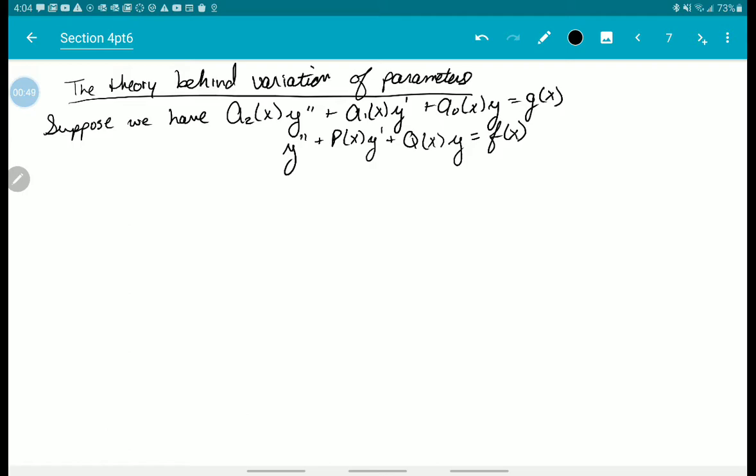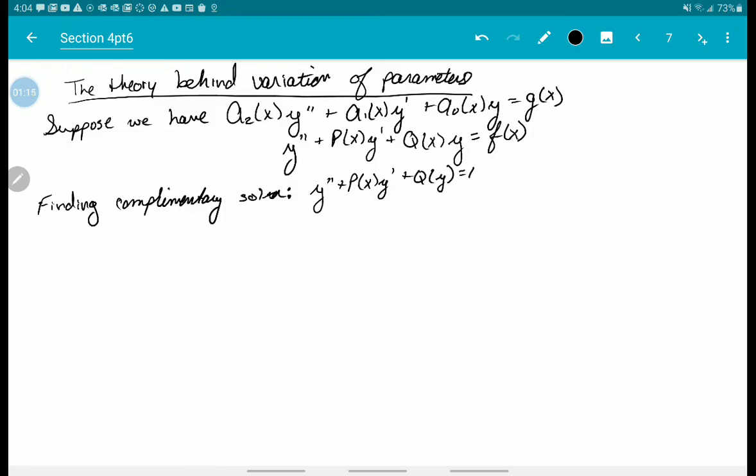We know how to find the complementary solution, right? We would take y double prime plus p of x y prime plus q of x y and set it equal to 0.